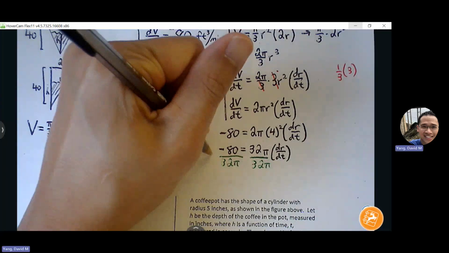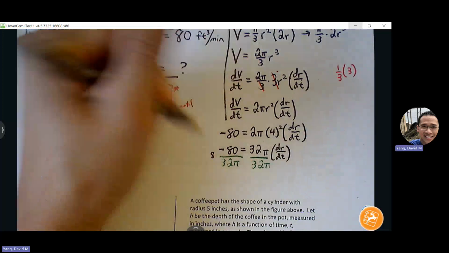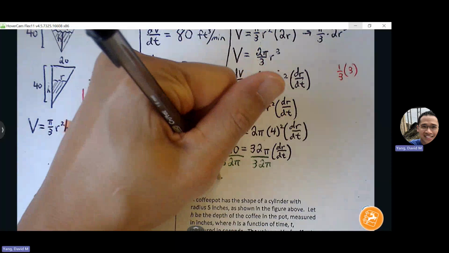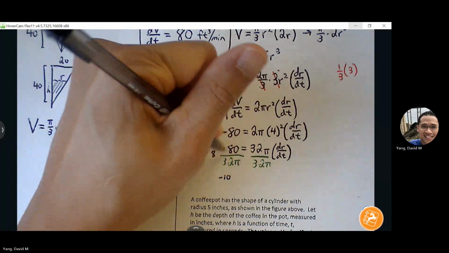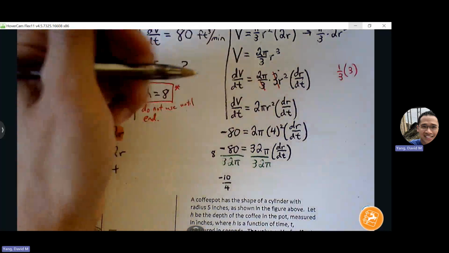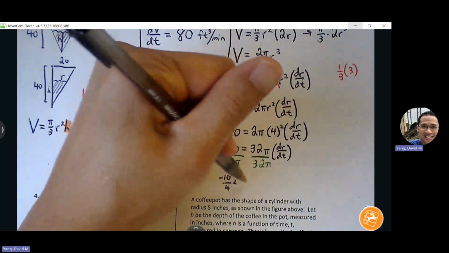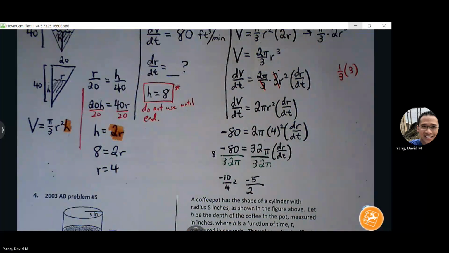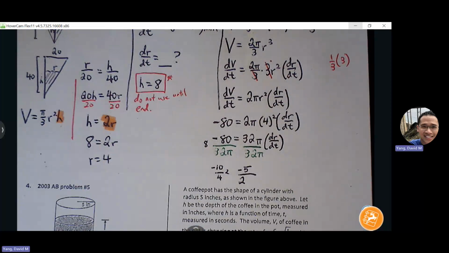We know that 8 can go into both numerator and denominator, so I get -10 over 4, which can reduce even further. I can make this -5 over 2. Now, where's the pi located? Denominator, yeah.